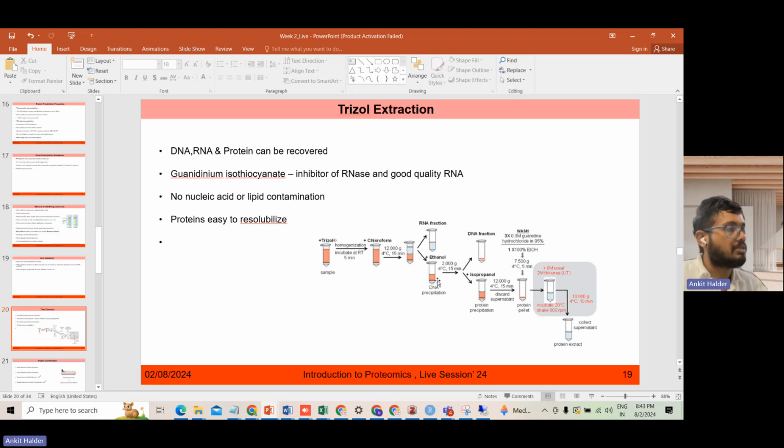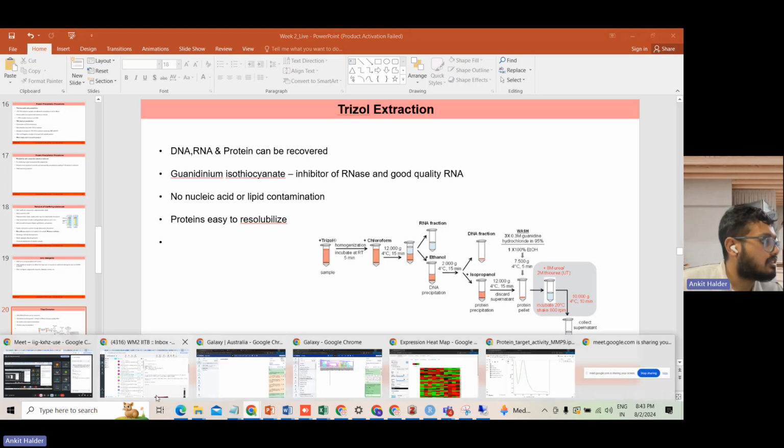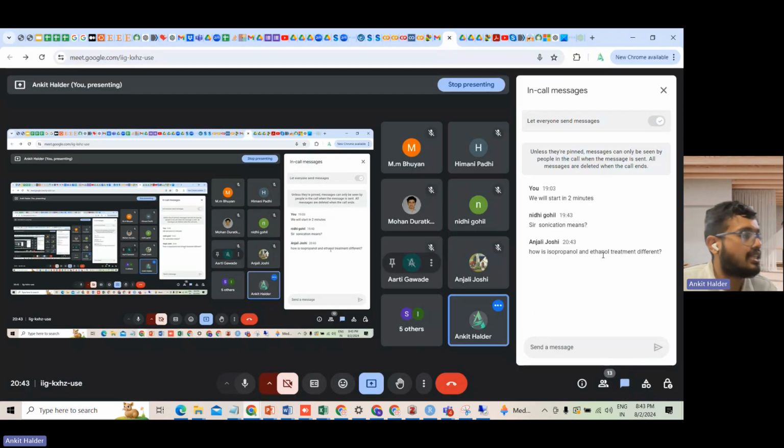So here there is a mixture for both the DNA and the protein. So once you get the DNA, you then try to precipitate out the proteins further. If you are asking in that context, is it clear?